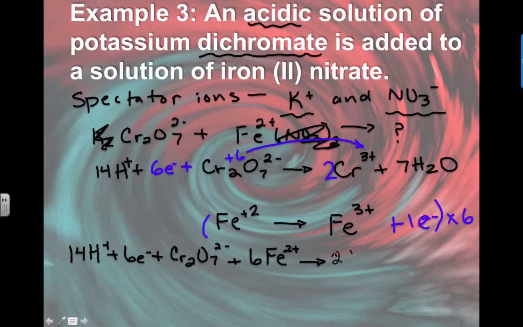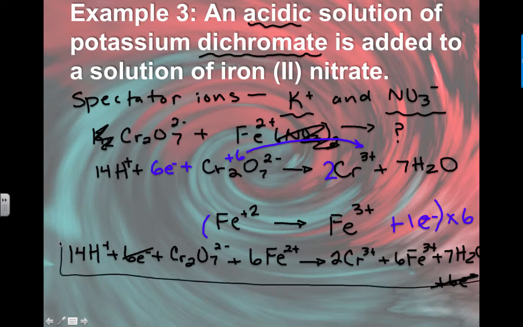And that made 2 chromic ions plus 6 ferric ions, 7 waters, and 6 electrons. So my electrons are the same on both sides. That's what we were going for. Awesome. And nothing else is able to cancel out, so here is my balanced equation.